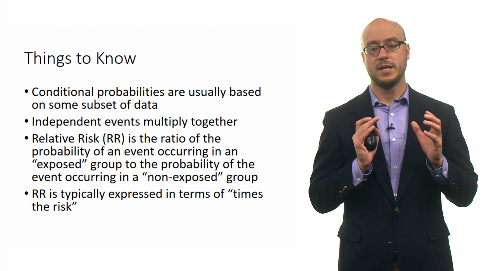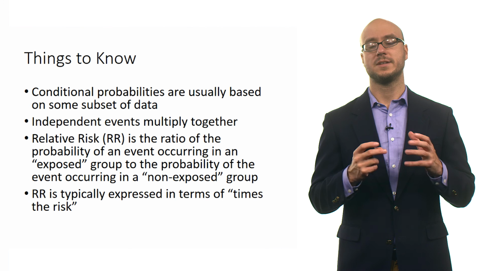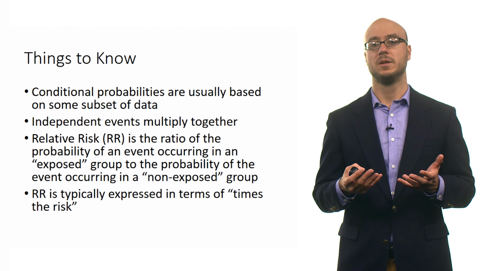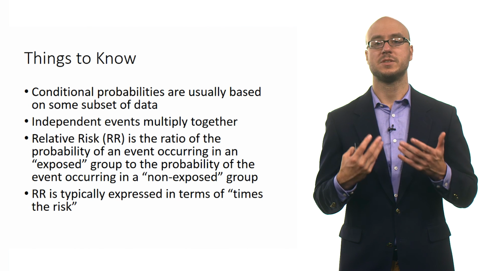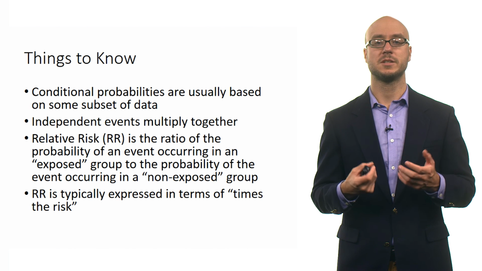We typically interpret relative risk in terms of times the risk. So for example, if you have a relative risk of 3, you would say you have 3 times the risk based on some exposure. And with that, we are going to conclude our discussion of conditional probabilities and relative risk.